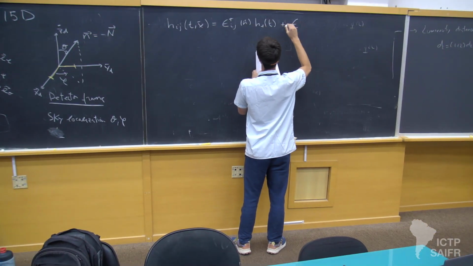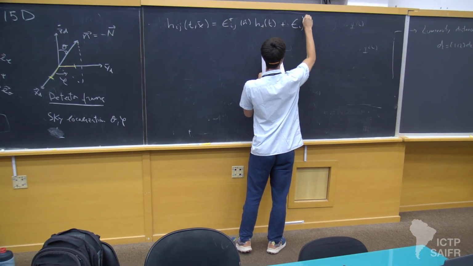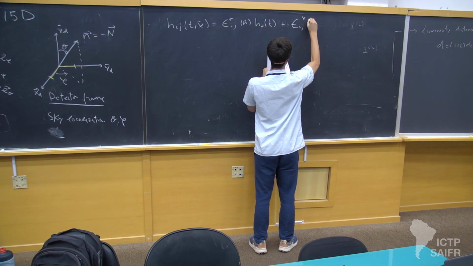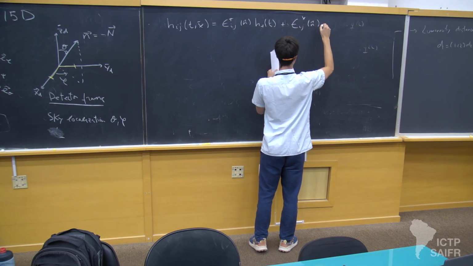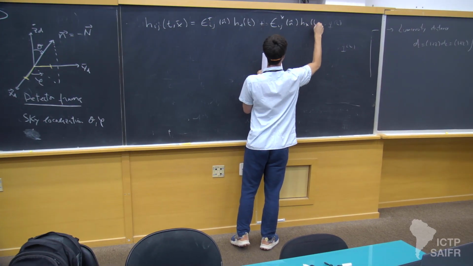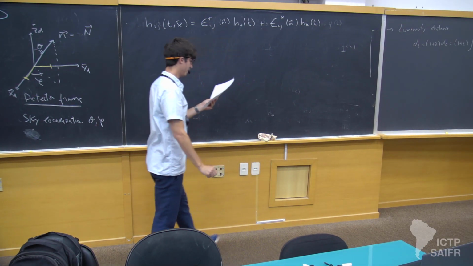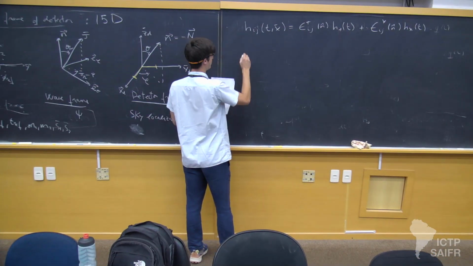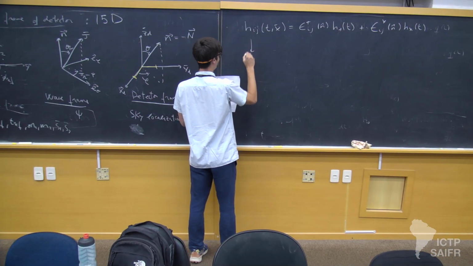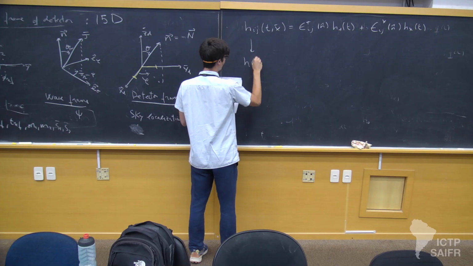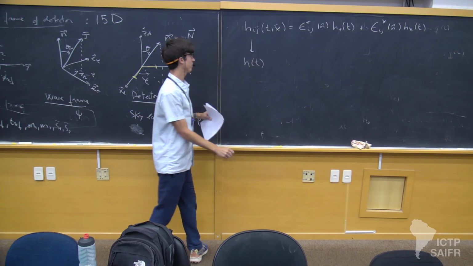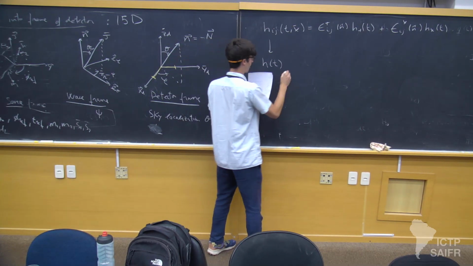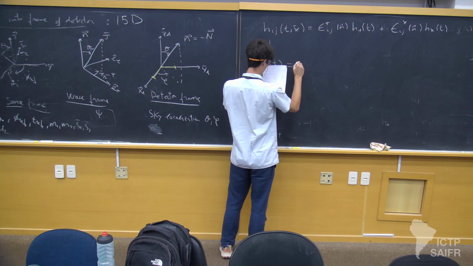And here epsilon is the polarization tensor that we had also in the first lecture. So what we want to see is what signal you actually get in your detector.